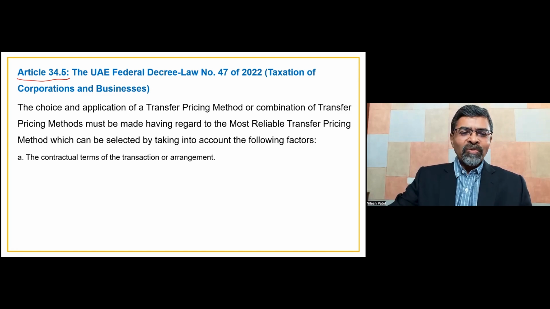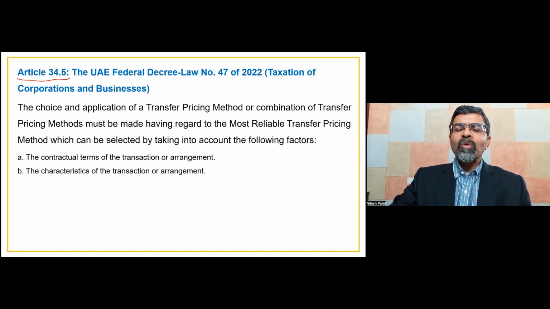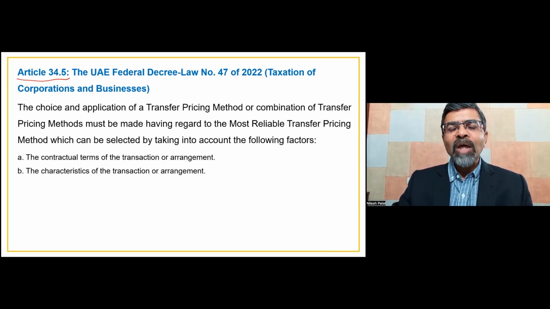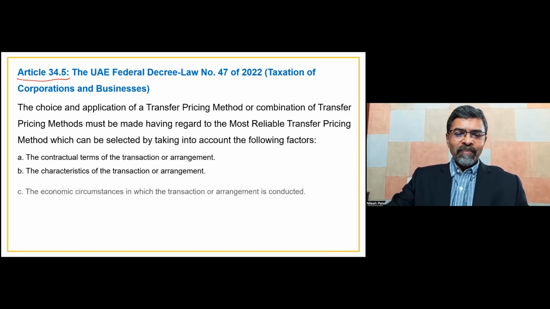First, we have to consider the contractual terms of the transaction or arrangement. Second, the characteristics of the transaction or arrangement. What are the characteristics? Is it sale? Is it purchase? Is it giving of loan? Is it licensing of intellectual property, etc.?